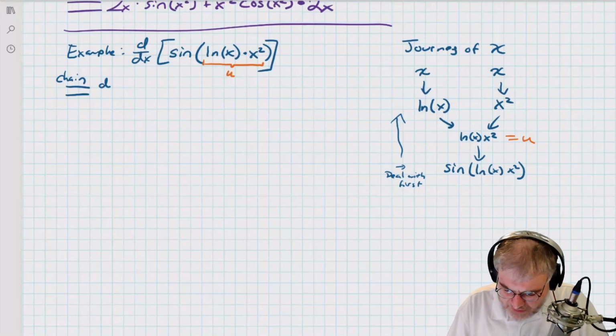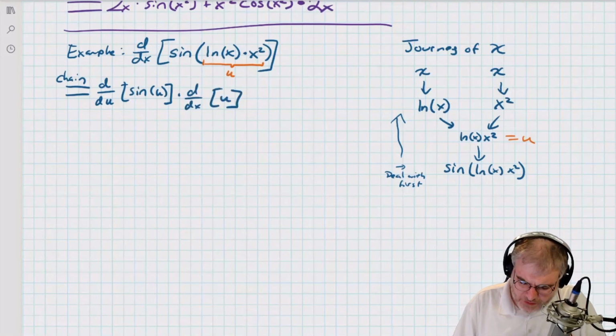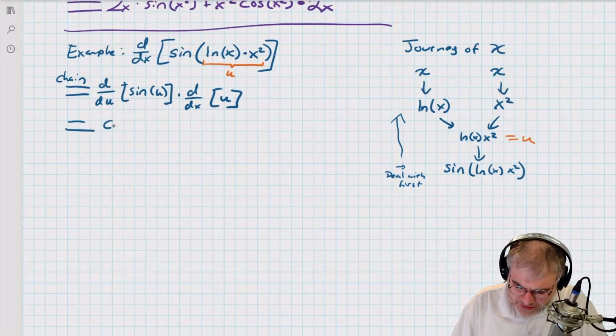So I've got chain of d over du, sine of u, times d over dx of u. And that I'm going to evaluate is just cosine of u times d over dx of ln of x times x squared.